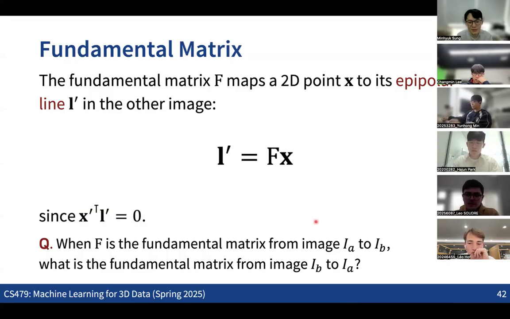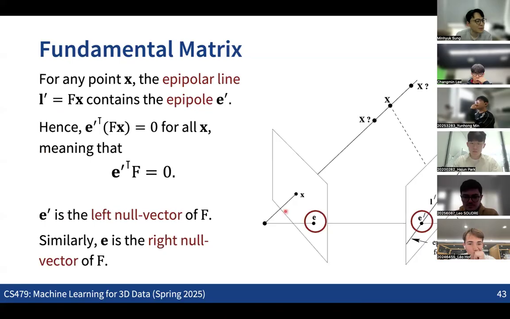So now we see that by the definition of the epipolar lines and the fundamental matrix, we can see how they are related to each other, right? And what's the relationship between the epipole and the fundamental matrix? What we have seen is that for any point x in the first image, and L prime the corresponding epipolar line in the second image, we know that any epipolar line in the second image should pass through the epipole.